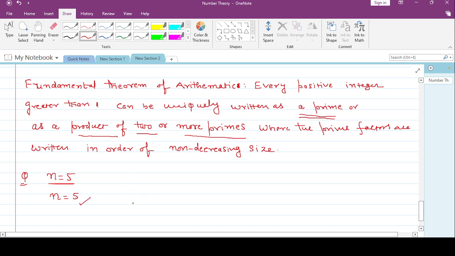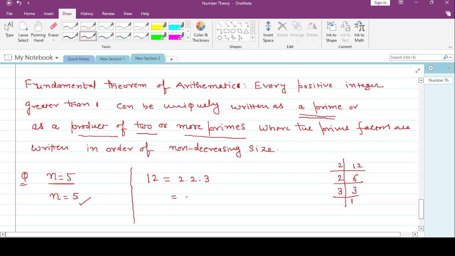But suppose I take this number 12. When I divide 12 by 2, what do I get? I get 6 here. Now again divide by 2, so what do you get? 3. And when you divide 3 by 3, what do you get here? 1. So this 12 can be written as 2 into 2 into 3.